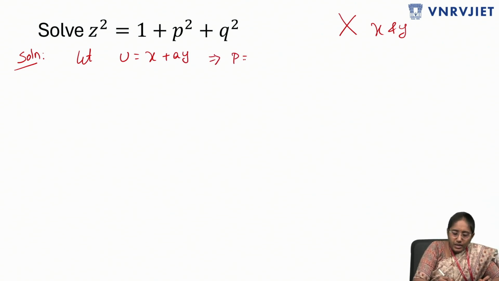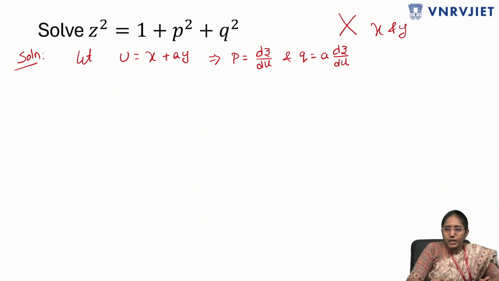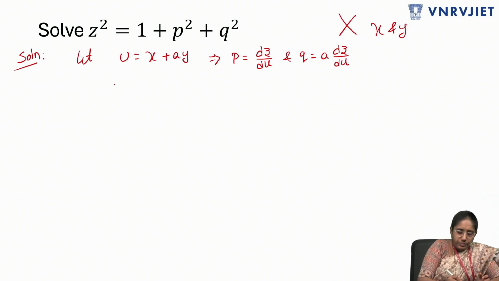Just replace p as dz/du and q is replaced with a into dz/du. Now substitute that p and q in the given equation.